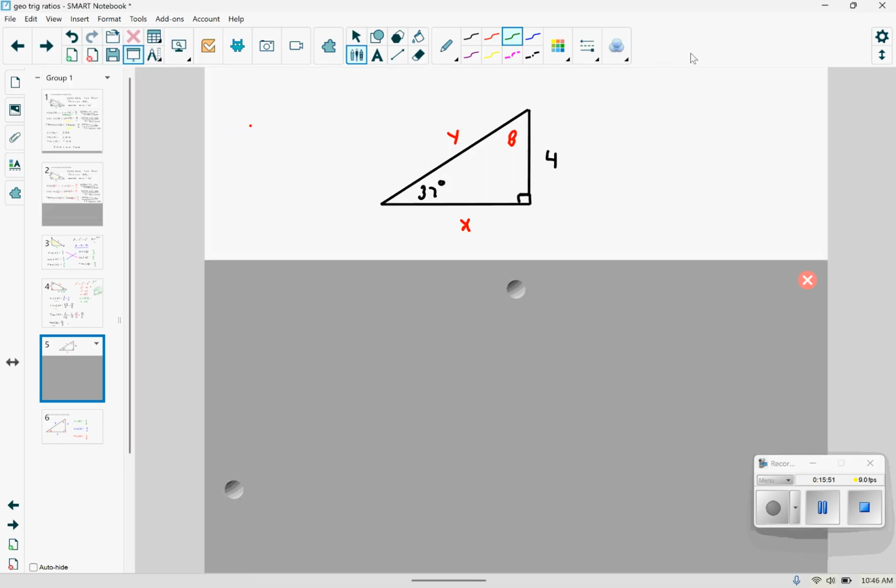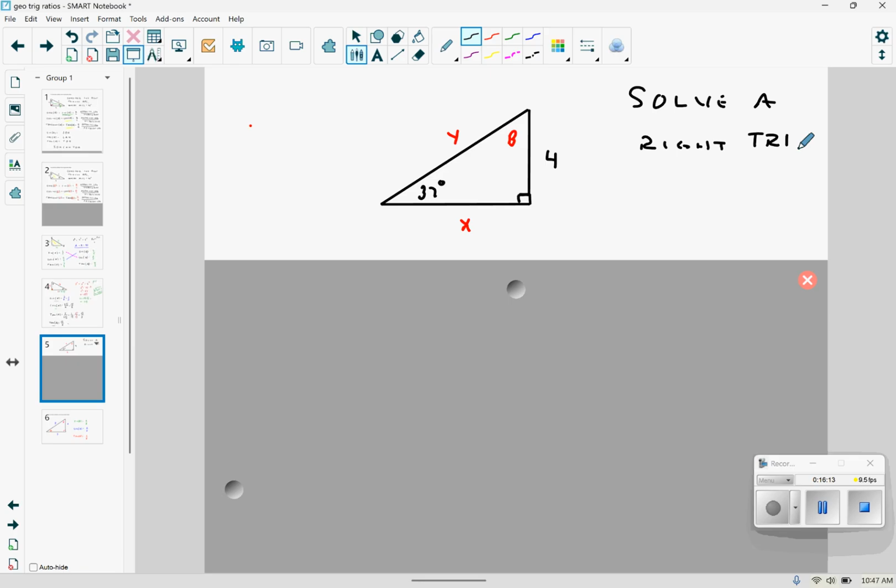Solve a right triangle. Okay, so solving a right triangle means to find all of the distances, find the length of the hypotenuse, the length of both legs, and the measure of the two angles.